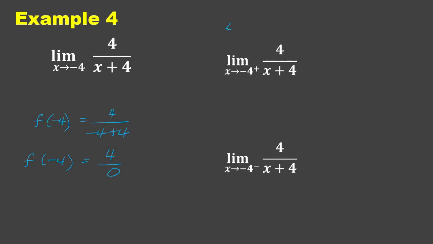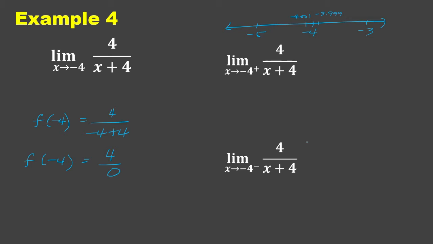Let us consider again our number line. Let's say we have negative 4, and then this is negative 5, and this is negative 3. So from the right of negative 4, we have negative 3.999. And from the left of negative 4, we have negative 4.001.